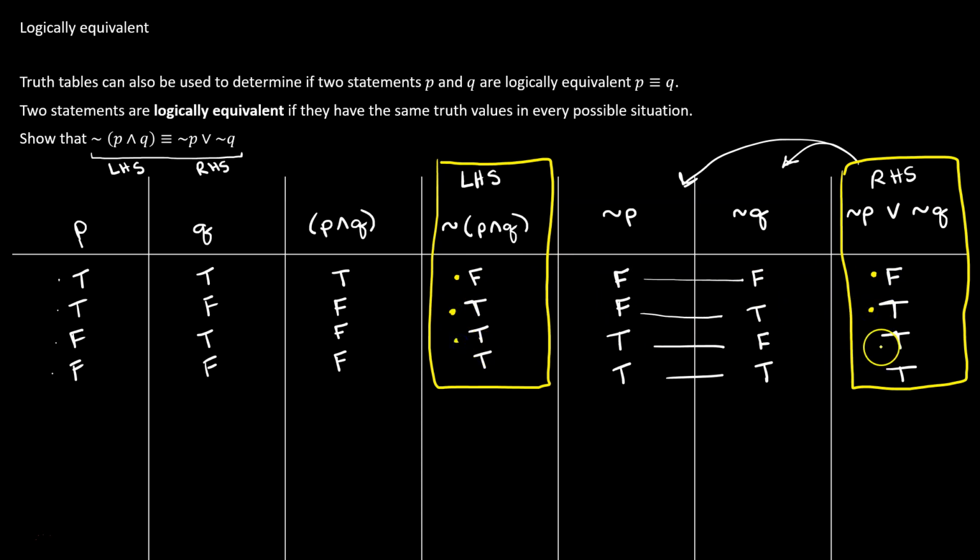Third scenario, they match, they're both true. Fourth scenario, they match, they're both true, which means we've showed in every possible scenario the statement that says that these two statements are logically equivalent is true. We can use that equivalence symbol to say that they will have the same truth value at the end of the day.